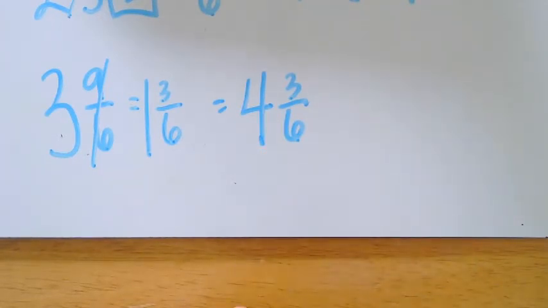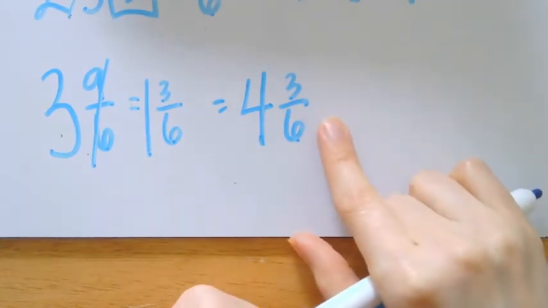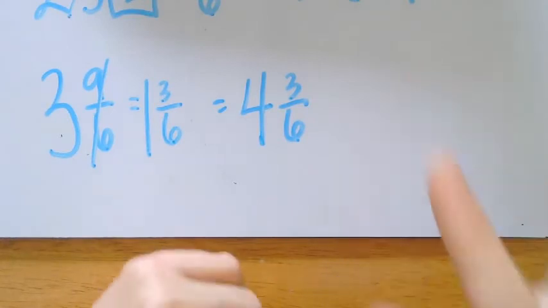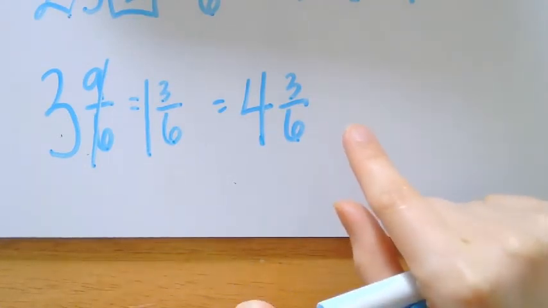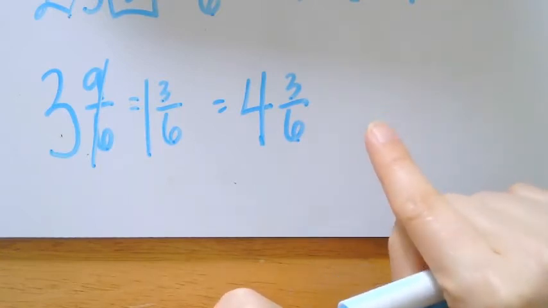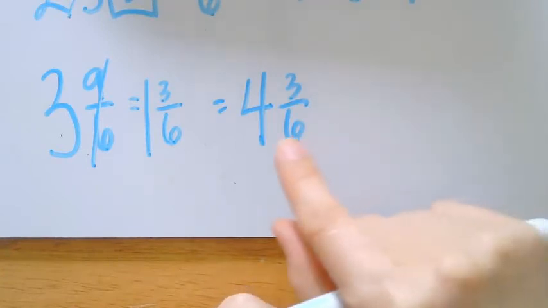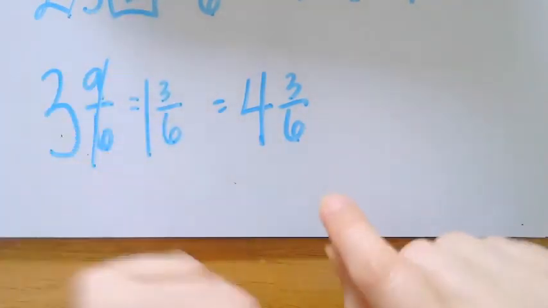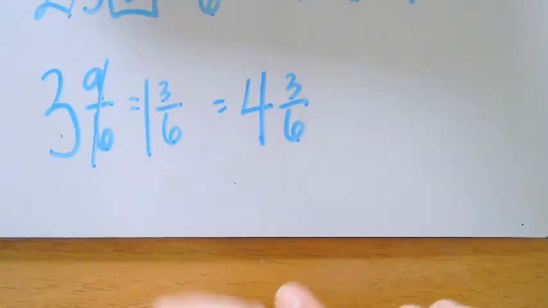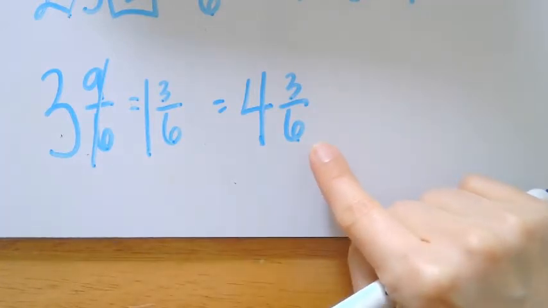All right, so some of you are probably thinking, but wait a minute, 3/6 already can reduce. Here's the thing, if in your assignment you are trying to simplify or reduce, you must do so correctly. Your final answer must be correct. But if you leave it just like this, you're fine. This particular lesson is focusing on how we can add and subtract mixed numbers, not simplify and reduce.